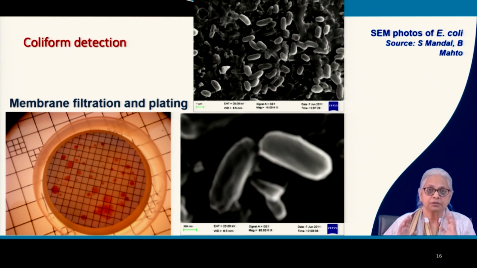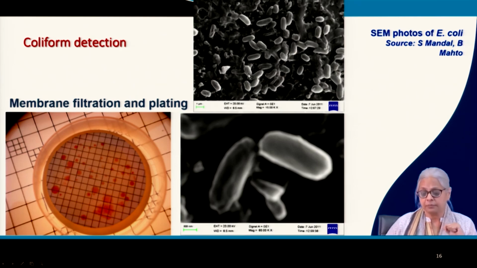However, from the point of view of standard methods, we stick to the idea of colony forming units, keeping in mind that each colony forming unit may represent more than a single cell. In any case, it represents at the minimum a single cell.